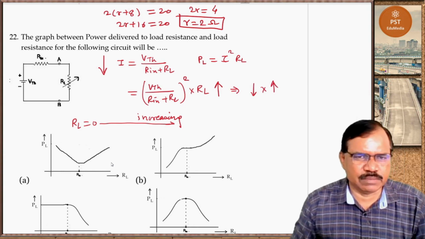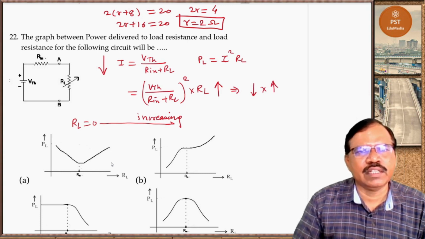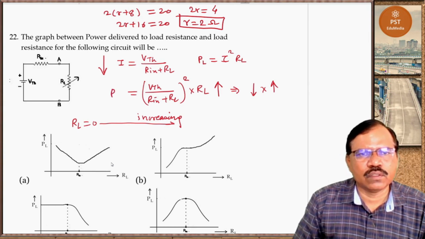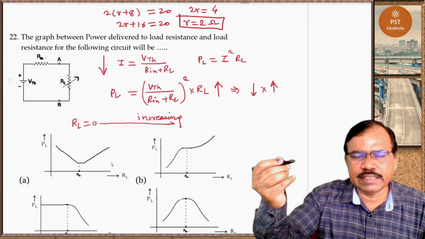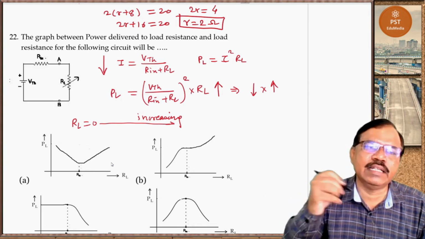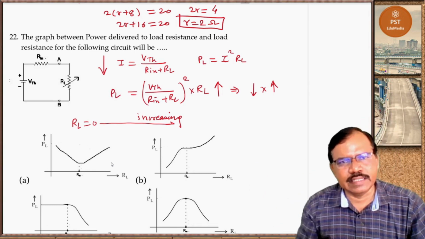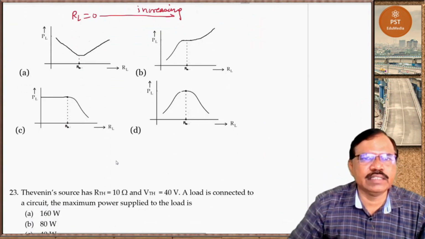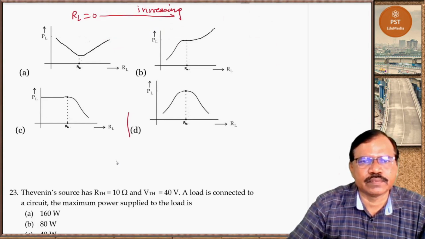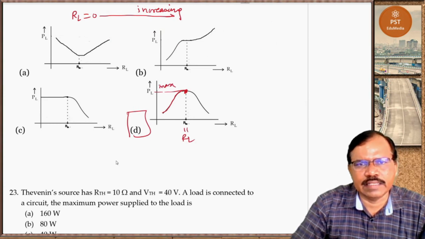And if we find this mathematically, you will observe that power goes on increasing, reaches a maximum value when RL is equal to Rin and then it decreases. So we will get this last graph. This one. Power goes on increasing, it will be maximum here when Rin will be equal to RL and then it decreases.